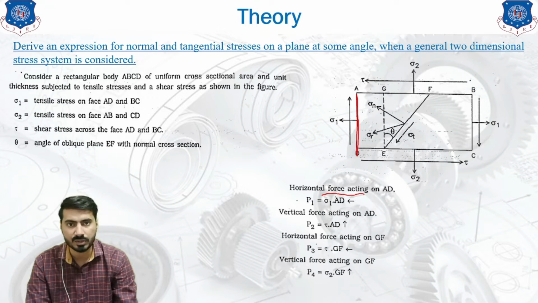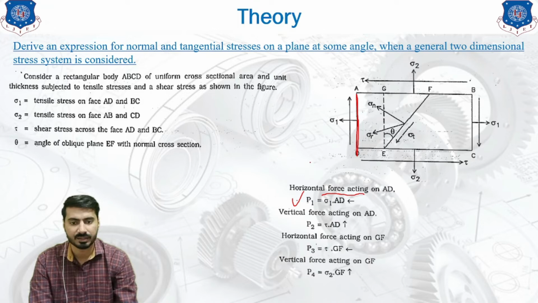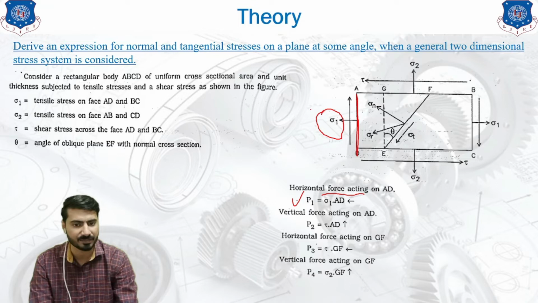Let's say that we name it P1. P1 is our horizontal force. Then it will result from this particular stress. So the stress is sigma 1. Stress equals force upon area. So force equals stress into area. So the force equals sigma 1 into area AD.